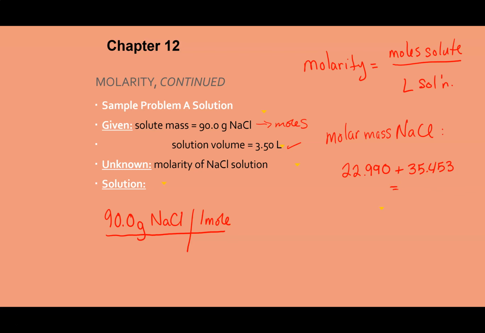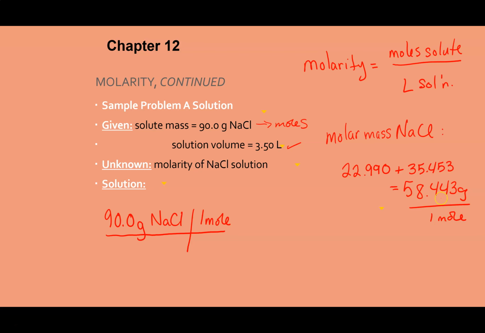We add them together. Don't forget to keep your 3 decimals like we've talked about in the past. You're going to get a molar mass of 58.443 grams over 1 mole. Don't forget that that's what a molar mass is.